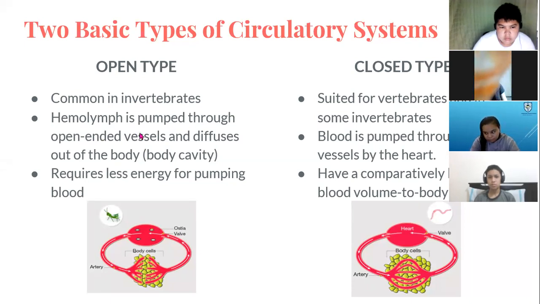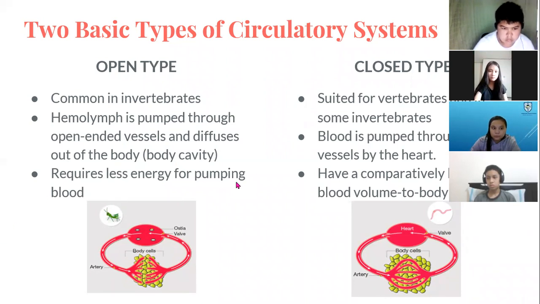Hemolymph is pumped through open-ended vessels and diffuses out into the body cavity because it requires less energy for pumping blood kasi it is not connected at all. Open lang siya. Directly napupunta sa katawan ng insect.